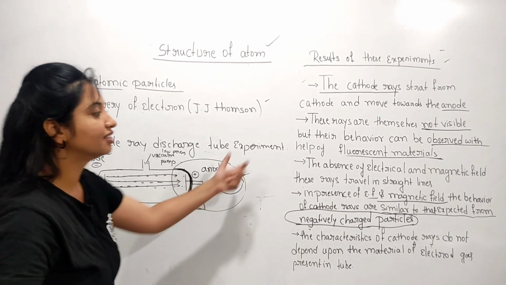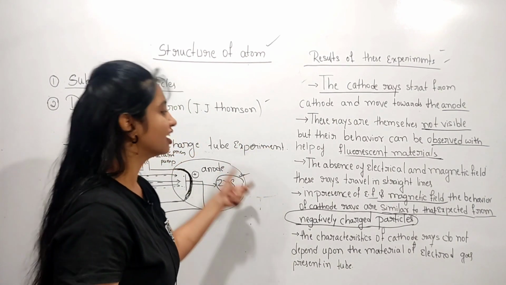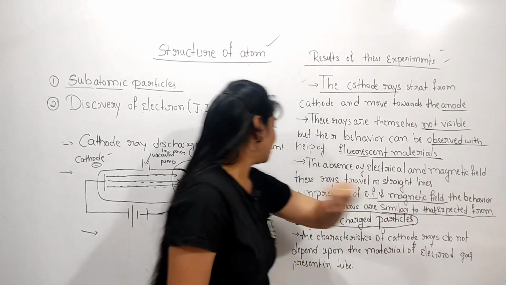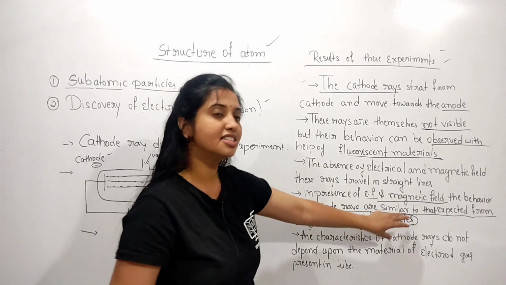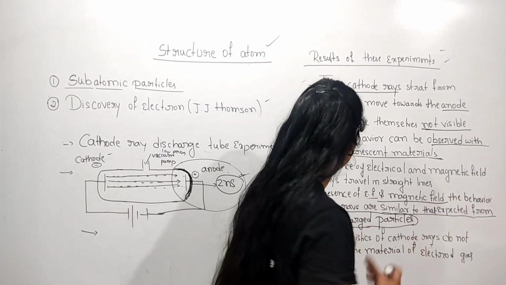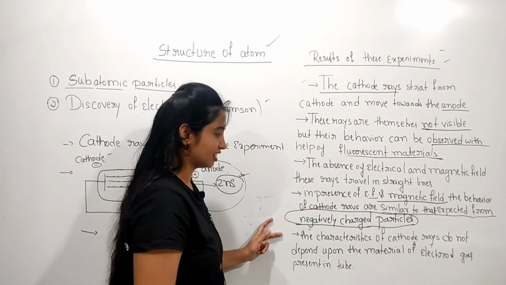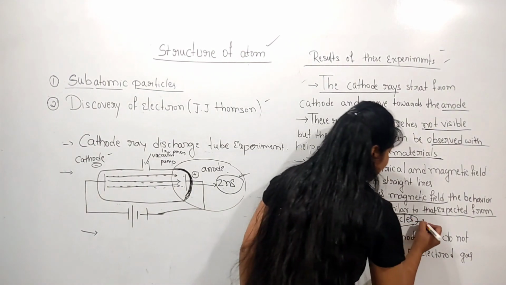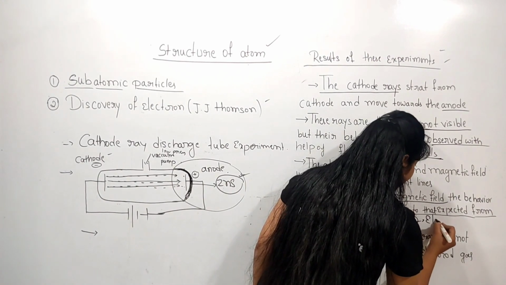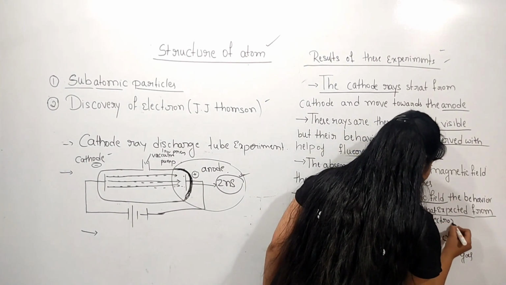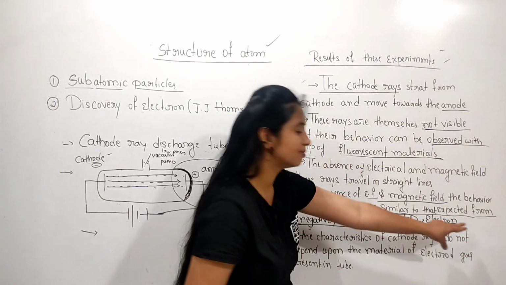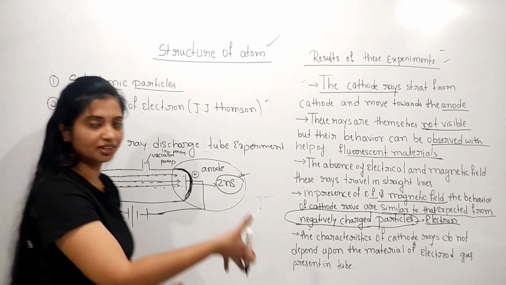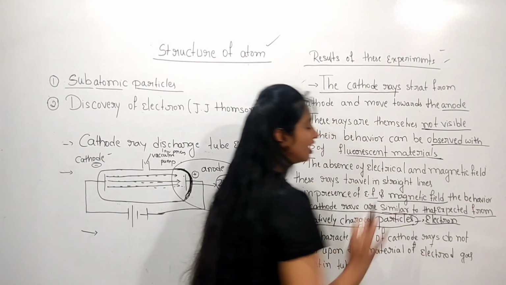So by the help of this third characteristic, in the presence of an electric field and a magnetic field, the behavior of cathode rays is similar to that expected from negatively charged particles, and these negatively charged particles are named electrons. So this is our subatomic particle. By this experiment he found the existence of the electron.